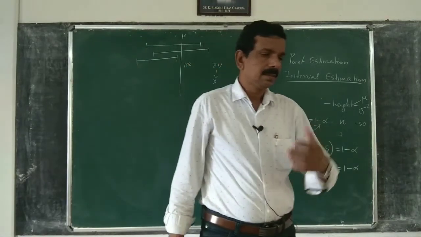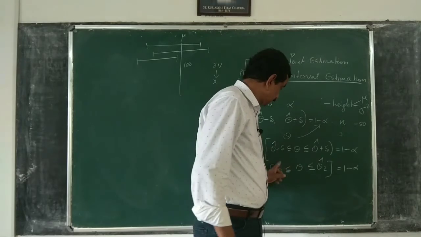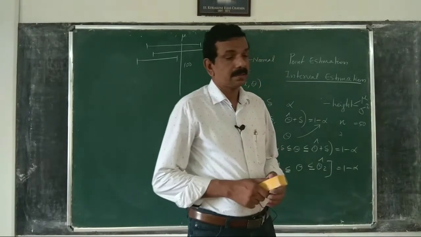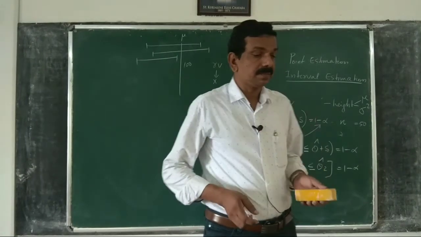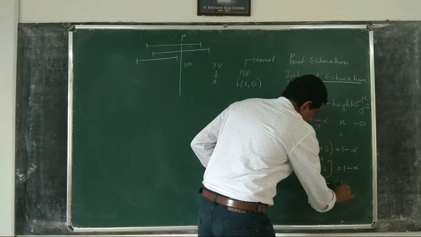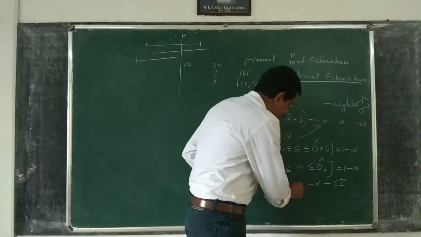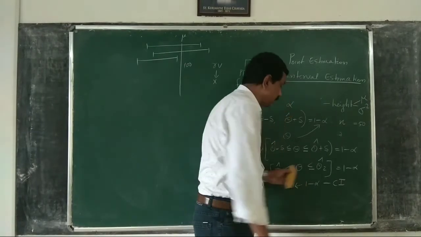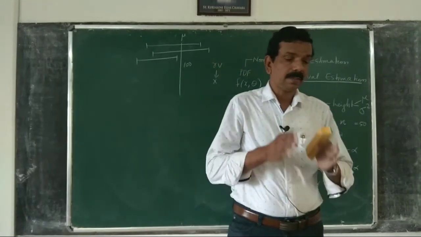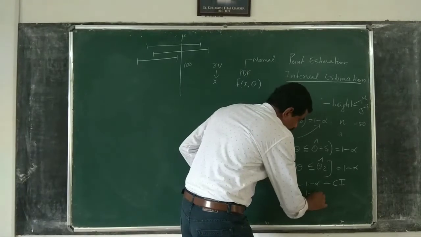We can write it in any way. Now, this interval, theta hat 1 to theta hat 2, is known as the confidence interval of size 1 minus alpha for theta. This interval is known as the confidence interval, and 1 minus alpha is known as the confidence coefficient.